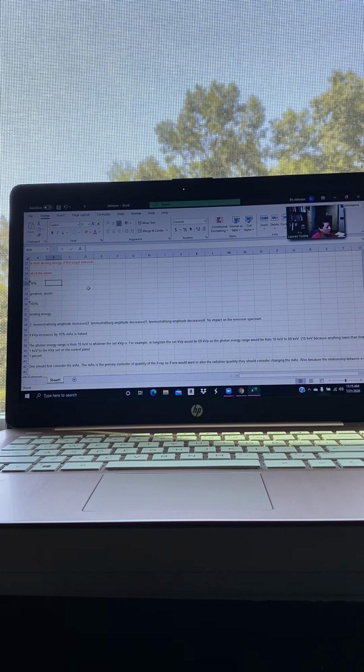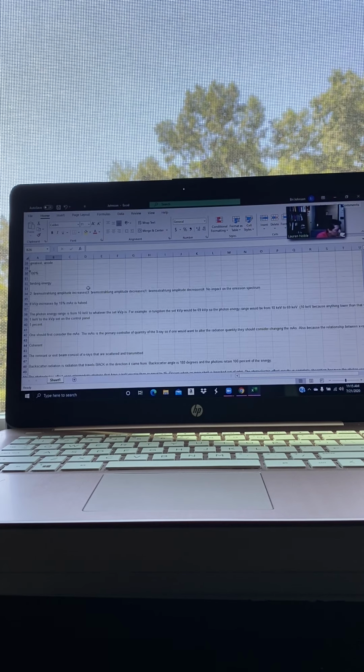And then the next one, let's see, if an X-ray tube is set to 69 kVp, what percentage of the beam is characteristic? Your choices were 0, 30, or 100%. So it's 0.